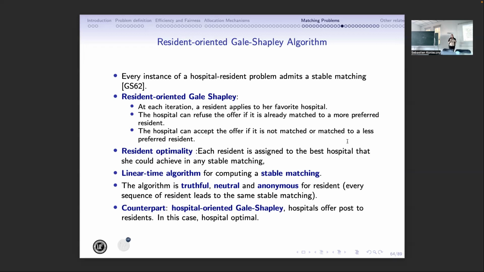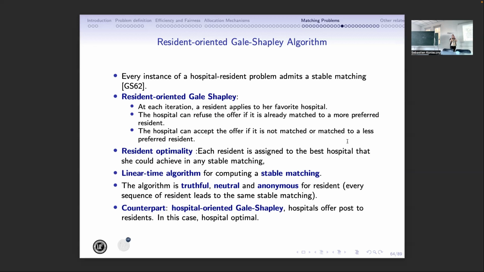If the hospital is not matched to a resident, or it has not reached its capacity, so it can still take residents, it accepts the proposal. Or if it is matched to a resident that is less preferred than the resident who makes the proposal, it will quit its current resident and accept the proposal of the new resident.